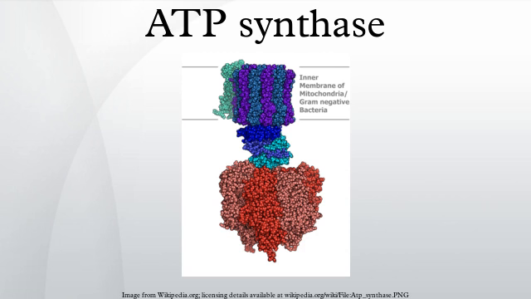Bovine ATP synthase. The ATP synthase isolated from bovine heart mitochondria is, in terms of biochemistry and structure, the best characterized ATP synthase. Beef heart is used as a source for the enzyme because of a high concentration of mitochondria in cardiac muscle. E. coli ATP synthase.